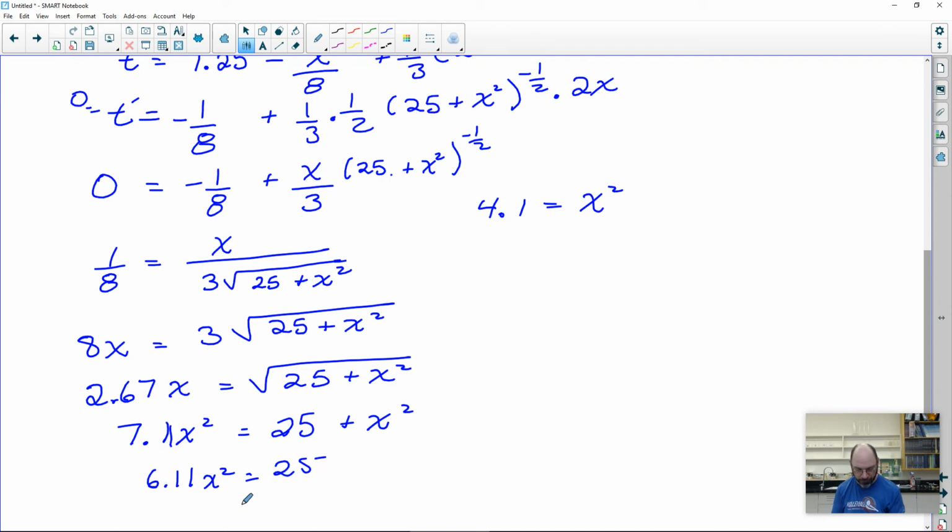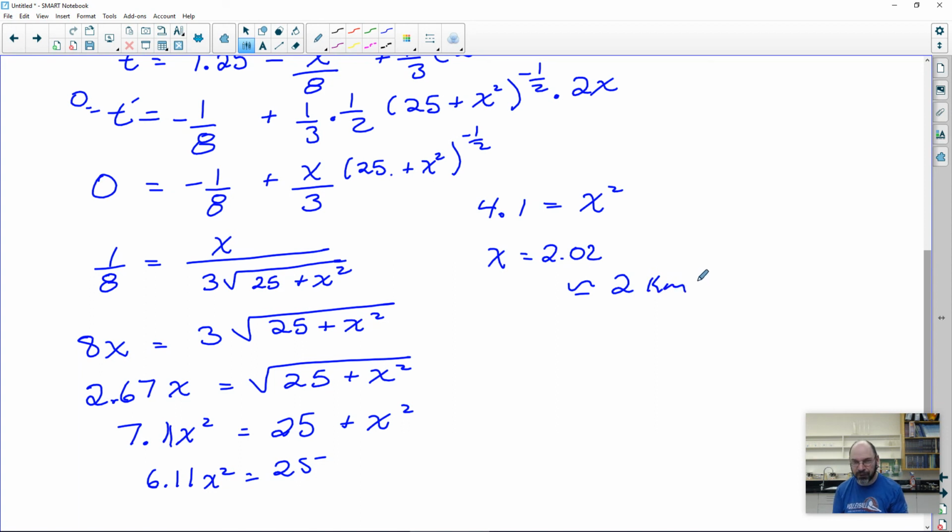And then we have to square root it. I'm just leaving everything on my calculator when I do this, and I can round it off at the end. So the square root of that is 2.02. So x equals 2.02, or approximately 2 kilometers.